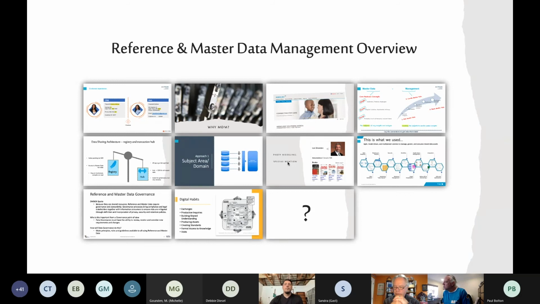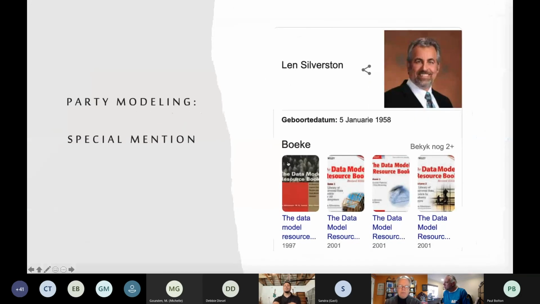Cool. Let's jump into party modeling. Okay, so whenever I talk about that, I want to just give Len Silverston a shout out. He's just an interesting guy to hear speak, and I ran into him a few times at the EDW conference. I had a beer with him. It was really cool.